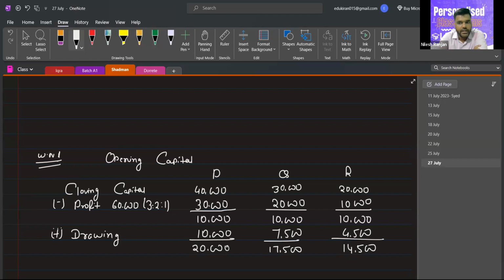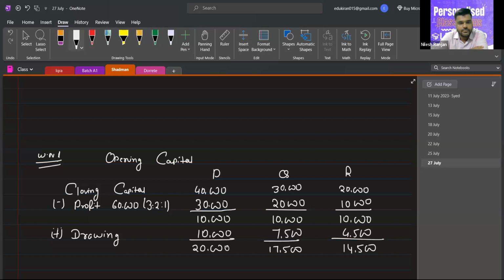Closing capital means the capital at the end of the year. In closing capital, drawings are already deducted, so for that, to calculate opening capital, we adjust the things: the things which were deducted will be added here, and things which were added first will be deducted.